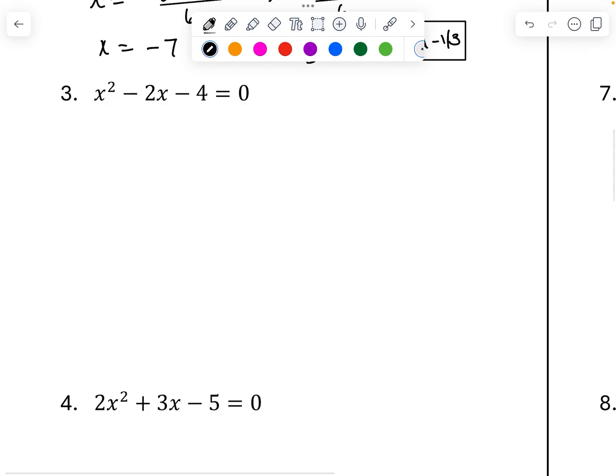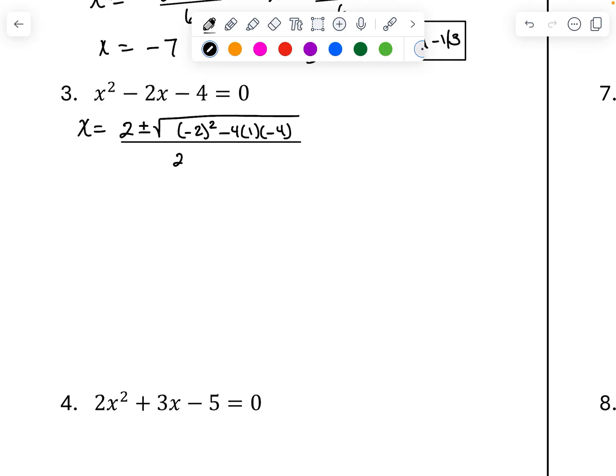Okay, this one. X equals the opposite of b, plus and minus the square root of b squared minus 4 times a times c, divided by twice a, would be x equals 2 plus and minus the square root of 2.